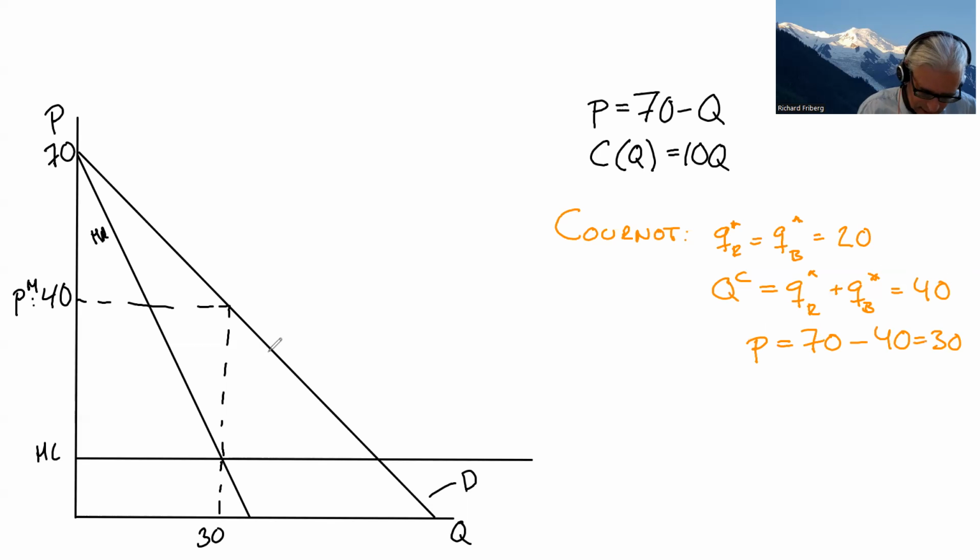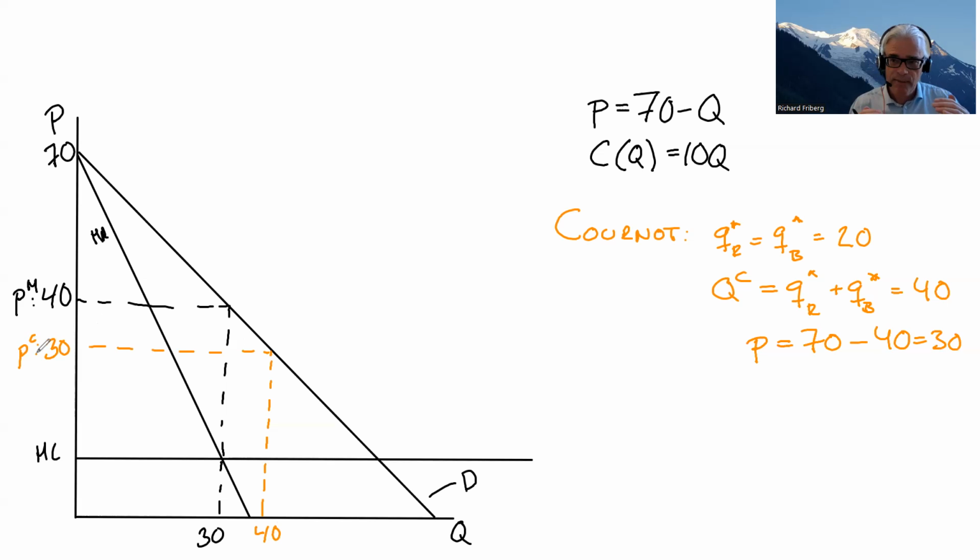Okay, so there's no marginal revenue drawn here. There's a marginal revenue for each of the firms, but we're not drawing that here. We have total quantity here, so that would be funky to draw. Okay, so quantity is 40 and the Cournot price is 30.